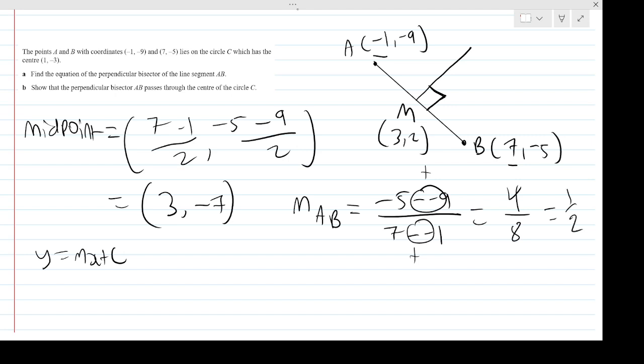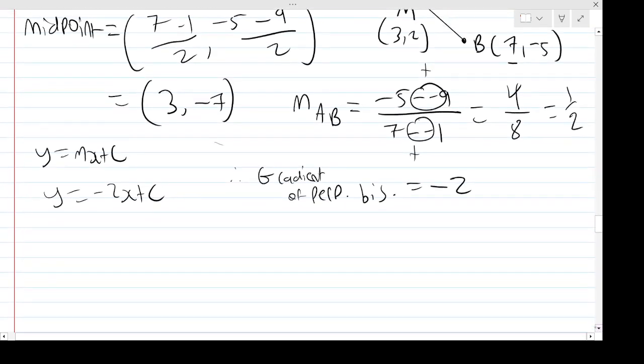Therefore, we can say that the gradient of the perpendicular bisector is going to be the negative reciprocal. So negative, and then flipping 1 over 2 gives 2 over 1, but that's just 2, so we get -2. Therefore, y equals mx plus c becomes y equals -2x plus c.